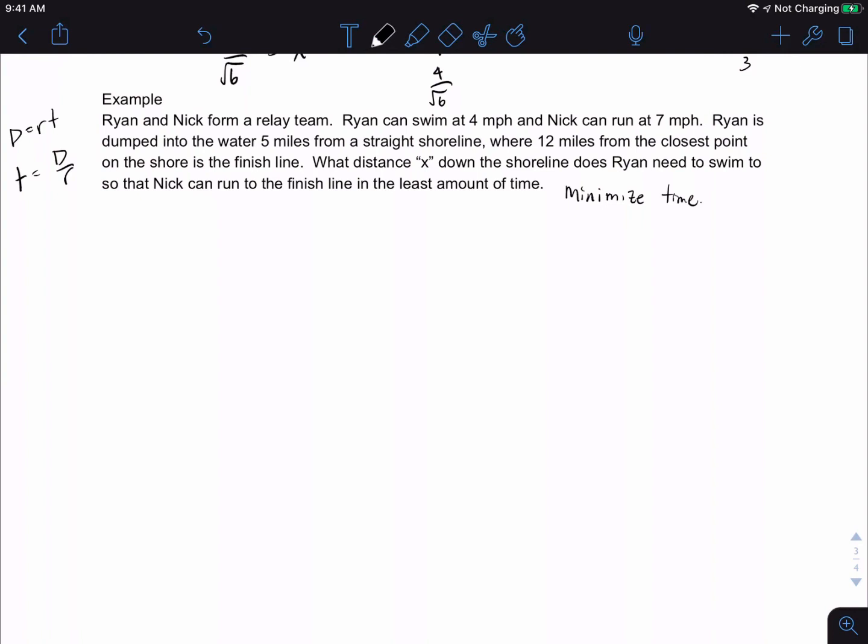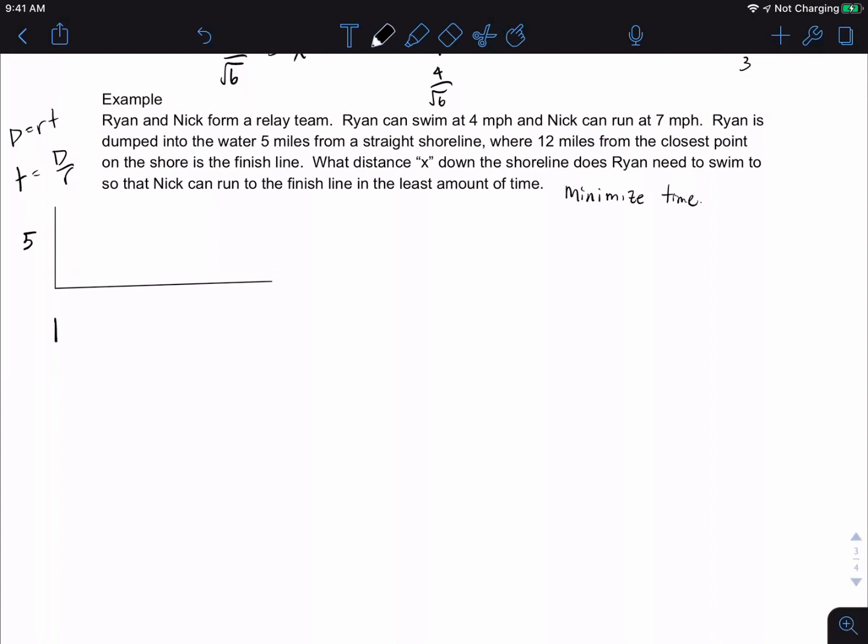Now I'm going to draw a picture of this problem for you guys so you guys can see it, and here's how it's going to look. So here's our shore, right? Nick is dropped off 5 miles from the shore. I'll just do it this way.